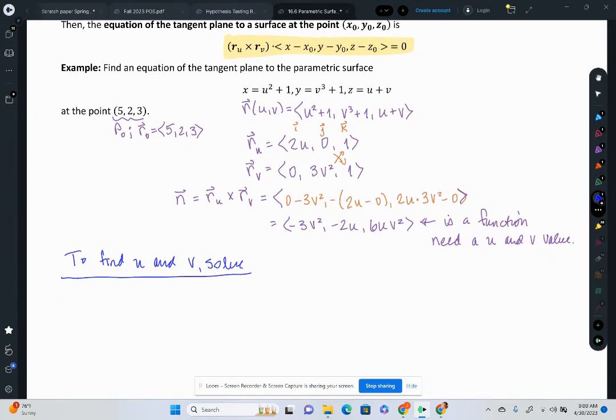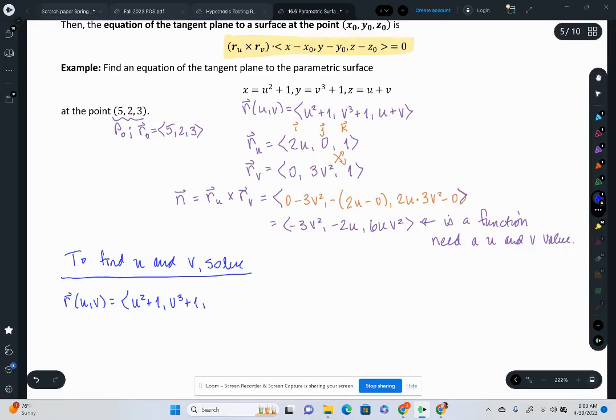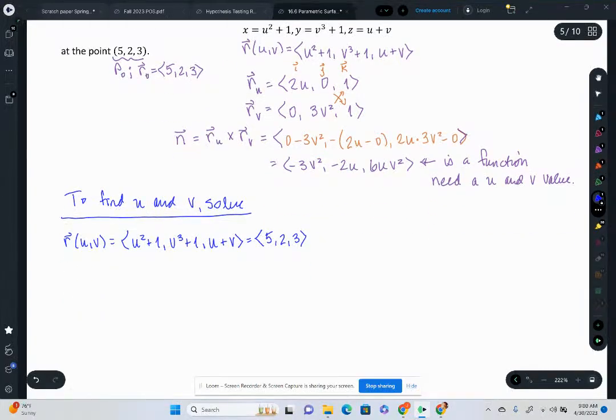We're going to take our r of uv, which has components u squared plus 1, v cubed plus 1, and u plus v, and we're going to set it equal to the point, because they gave it to us in x, y, z, 5, 2, 3. So we're going to equate x components, y components, and z components, and that's going to allow us to solve for the u and v that make this true.